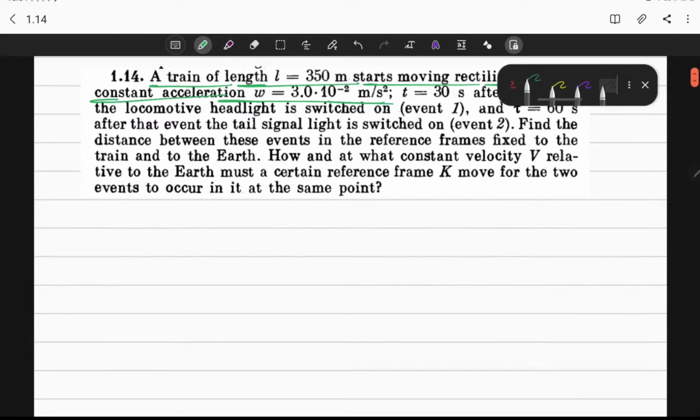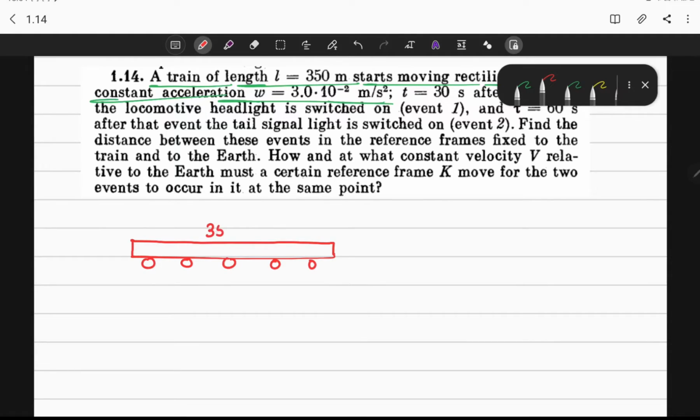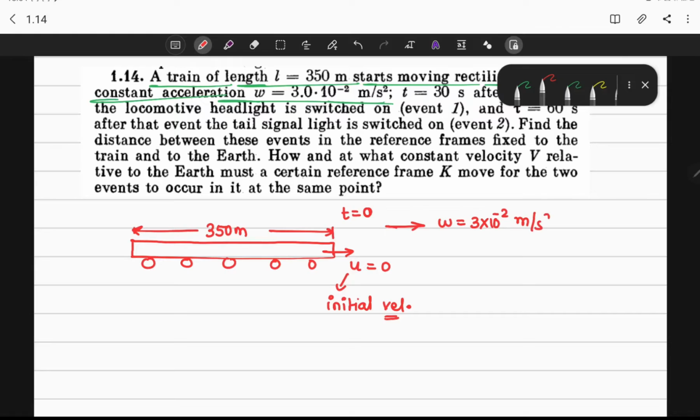Let us first draw the train. This is the train of length 350 meter, and it starts at t equal to 0, so the initial velocity is equal to 0, with a constant acceleration of w equal to 3 into 10 to the power minus 2 meter per second square.